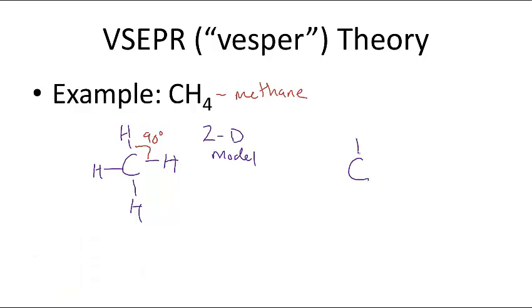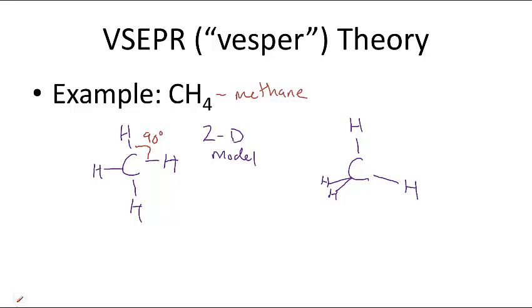You have your carbon, a hydrogen coming off here, a hydrogen coming off here. Now, we have to have some way of showing that we have 2 more hydrogens. In theory, you could just do this. But that doesn't really give you a 3D structure, right? It just looks like these 2 hydrogens are right next to each other.